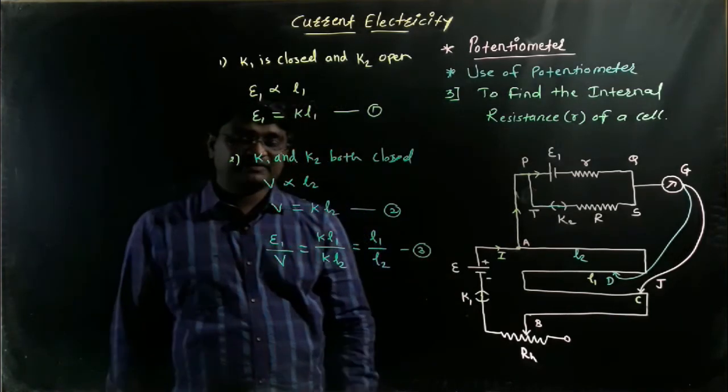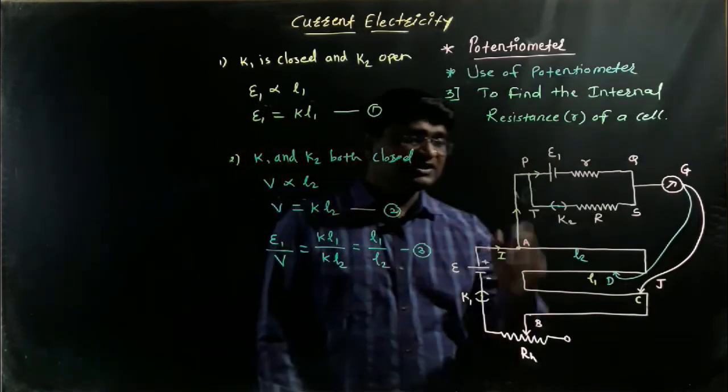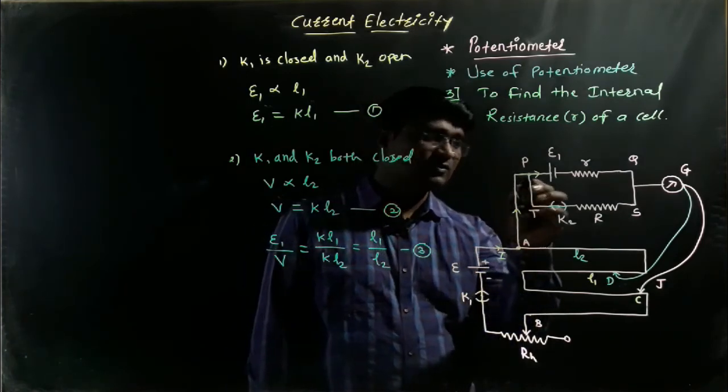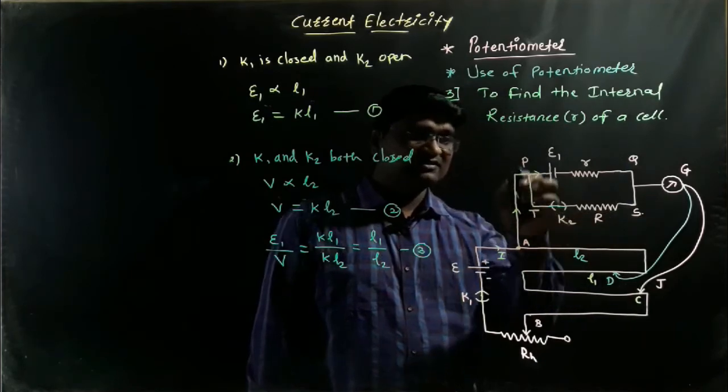After that third equation, we find the value of epsilon 1 by using Kirchhoff's second law, the law of potential difference, in the closed loop PQSTP.